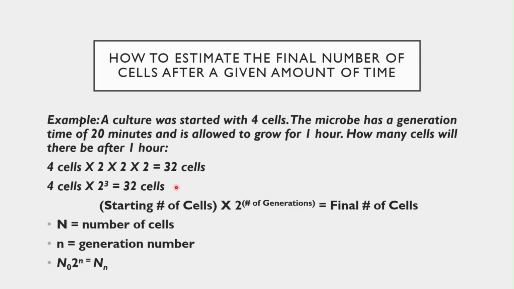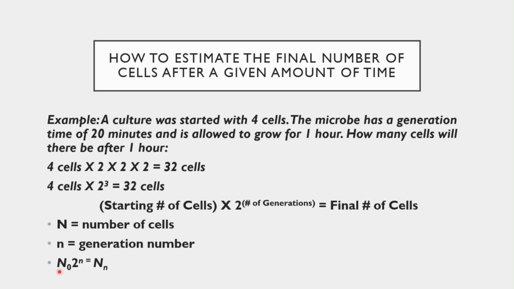And so the general formula is going to be the starting number of cells times 2 raised to the power of the number of generations. That will equal the final number of cells. And the symbols for how this formula is written out is capital N equals number of cells, lowercase n equals generation number.